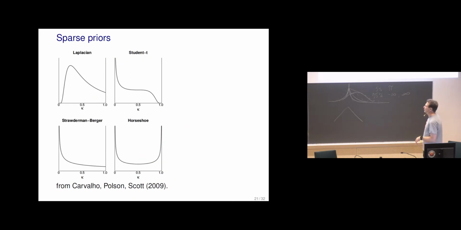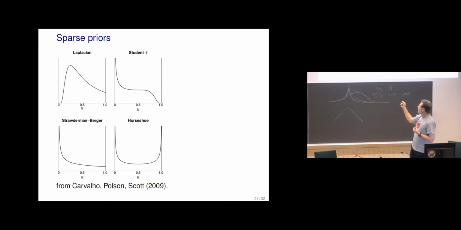This is from the Carvalho, Polson, Scott paper. This kappa on the x-axis is how much each coefficient is shrunk towards 0. So at 0 there's no shrinkage. We would like to have no shrinkage for the relevant variables.